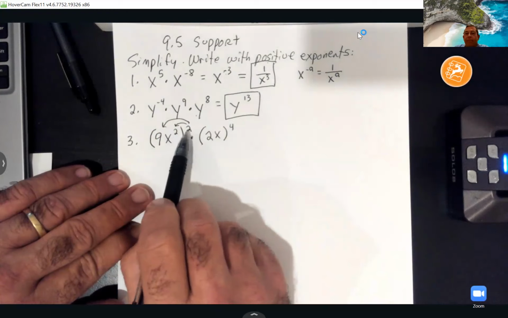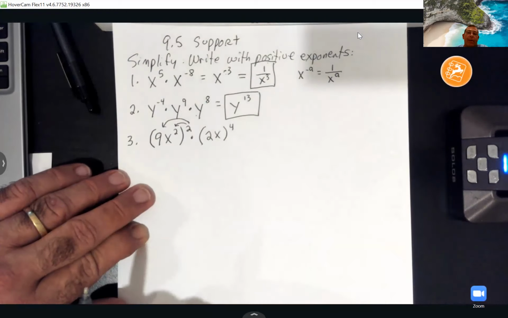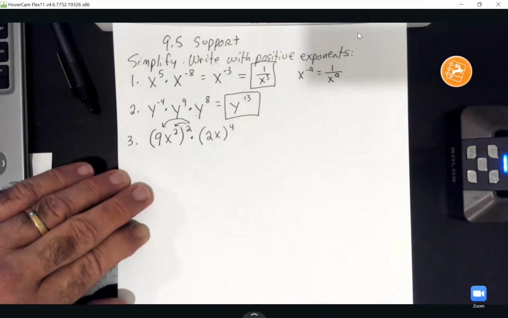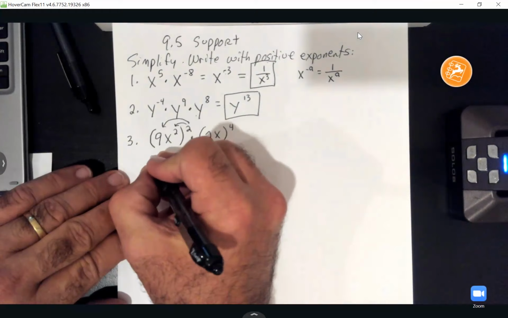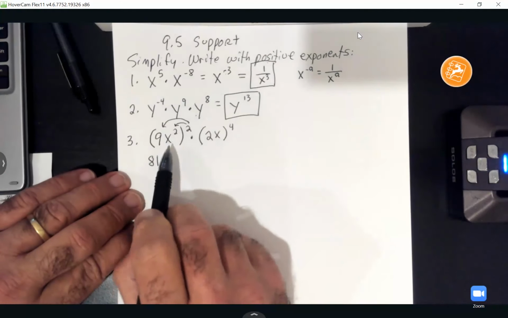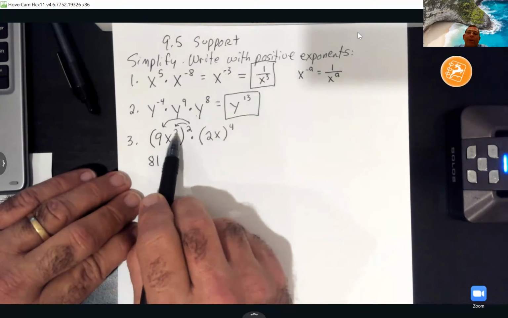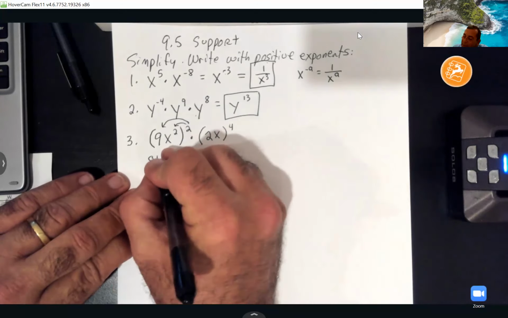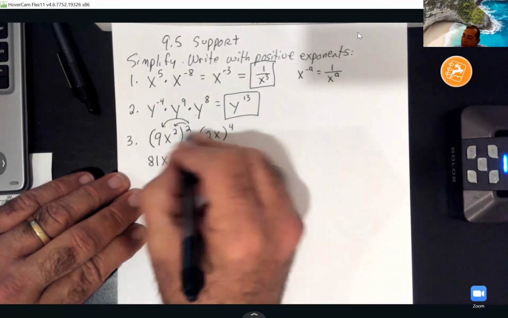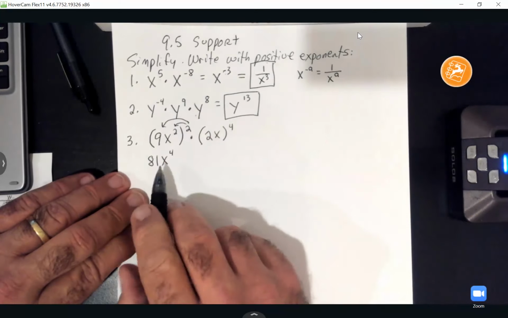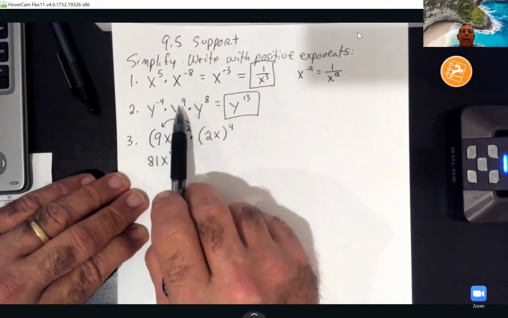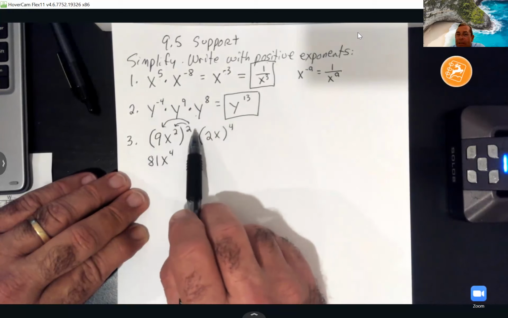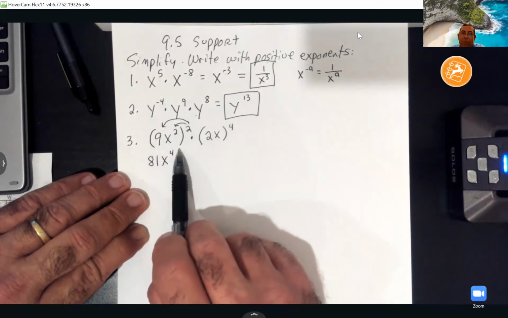What does 9 squared give me? 81. And now x squared, you're going to multiply these exponents, so that's an x to the 4th. Notice, when you have a variable times a variable, you add exponents. But when you have an exponent raised to an exponent, you multiply those.